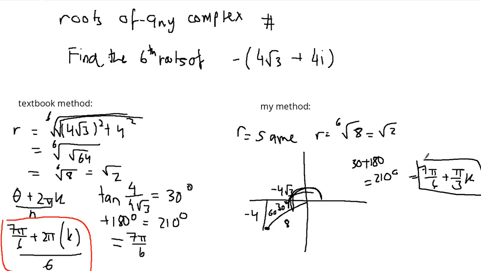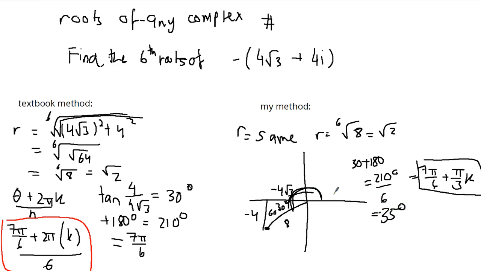That's your angle, which is exactly the same as this angle. Actually, yeah, it is over 6. So I'm a little bit mistaken. Pi over 3 is correct, but the 7 pi over 6 right here, the 210, is the angle that you want, so you have to divide by 6 to get 35 degrees.